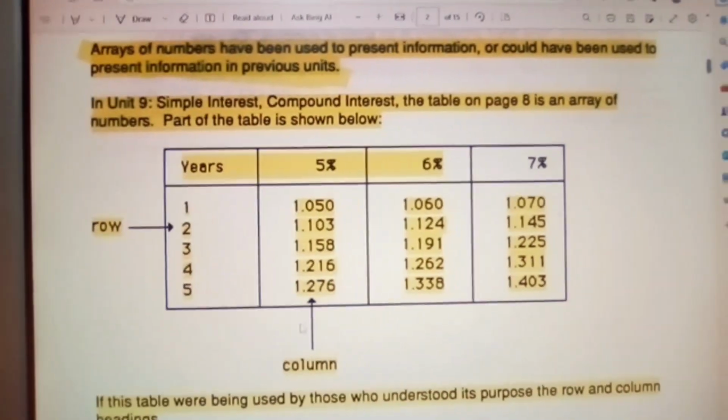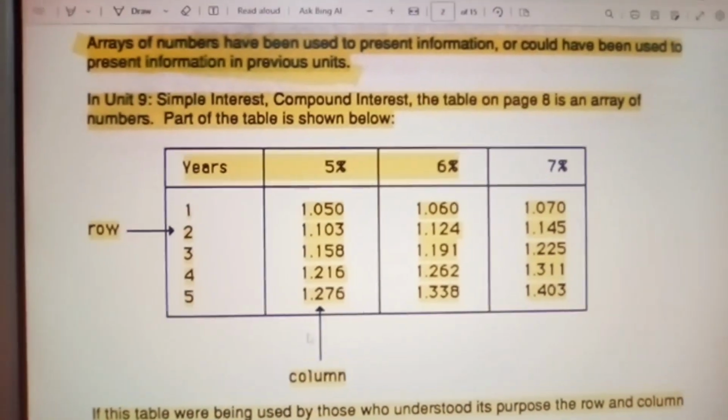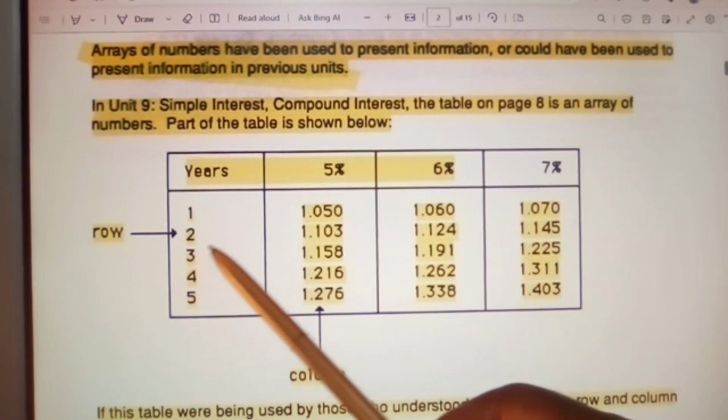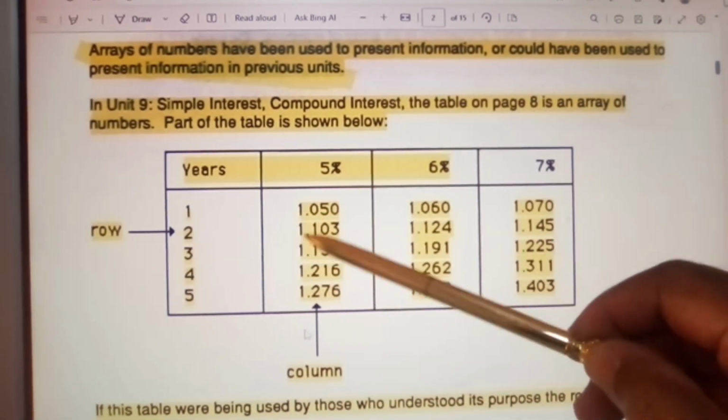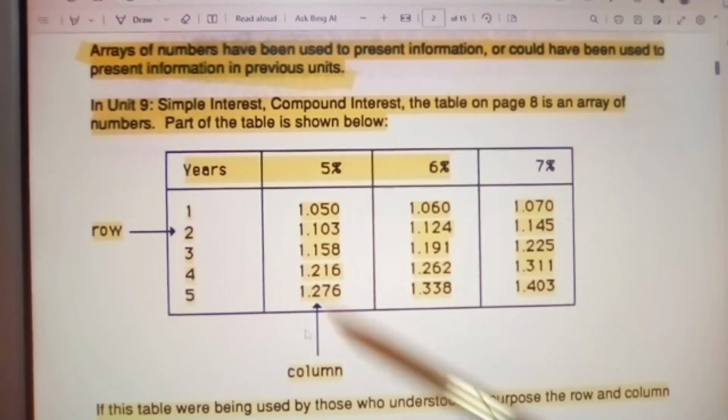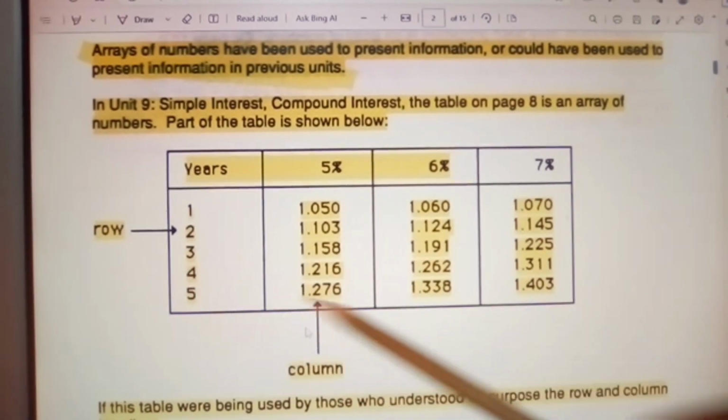Now here we have rows, and these are our columns. 1, 2, 3, 4 columns and 5 rows.